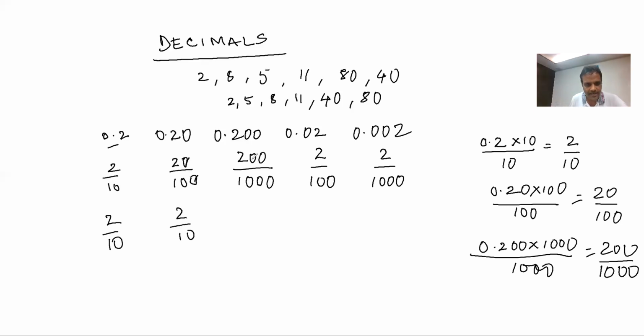Here I can cancel 2 zeros in the numerator and 2 zeros in the denominator, so this also becomes 2 upon 10. This one is already in the lowest form, so I put 2 upon 100 as it is. This one is also in the lowest form. Can I reduce it further? I cannot, so I put it as it is.